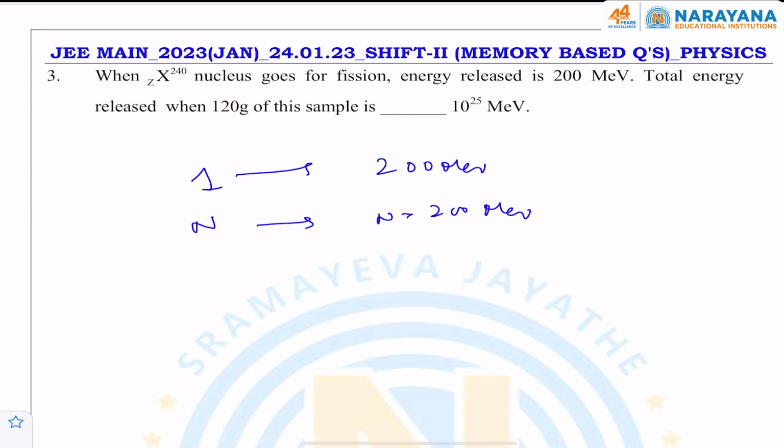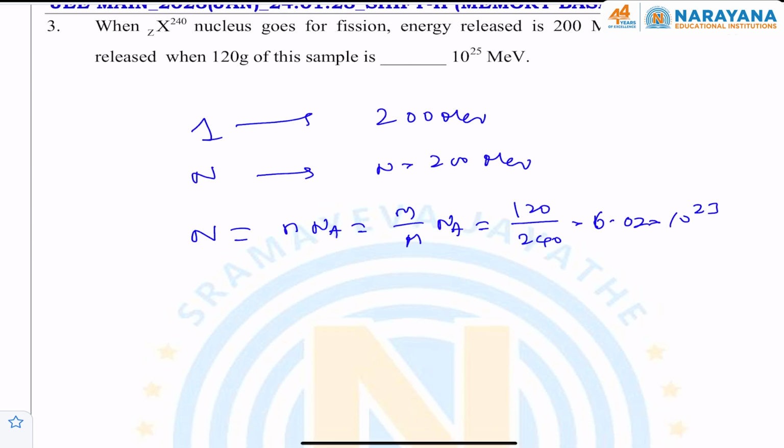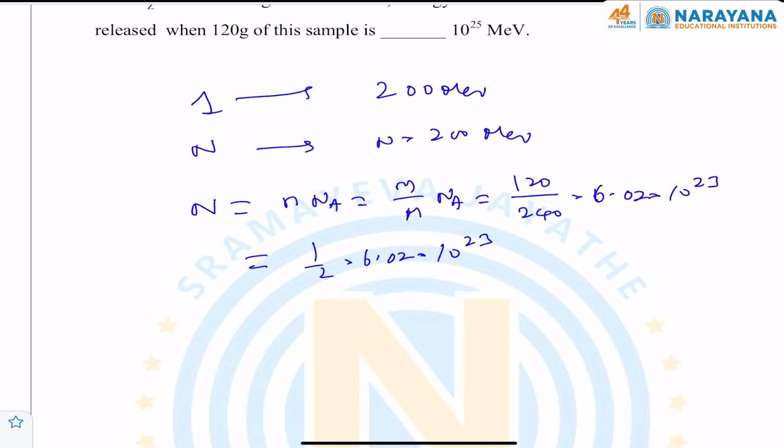In 120 gram of sample, we need to find the number of active nuclei of the given element. So the number of active nuclei is equal to the number of moles into Avogadro's number. The number of moles is mass by molecular weight. Mass given is 120 gram, molecular weight 240 gram, into Avogadro's number 6.02 into 10 power 23, which is equal to 1 by 2 into 6.02 into 10 power 23.